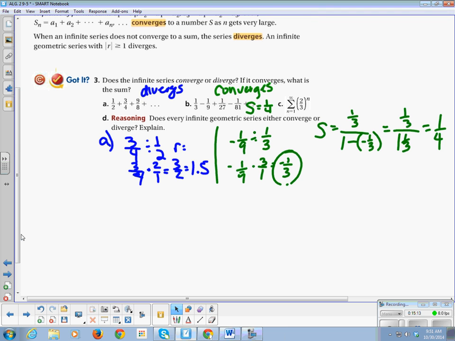All right, last one. This one, C, is in sigma notation. Well, we know it's infinite because look at our upper limit. It says the sum, that's what sigma means, of n equals 1, so we're going to start at the first term. We're going to go forever to infinity, of 2/3 to the n power. What did we say?